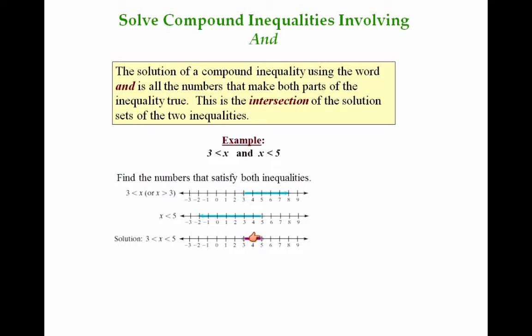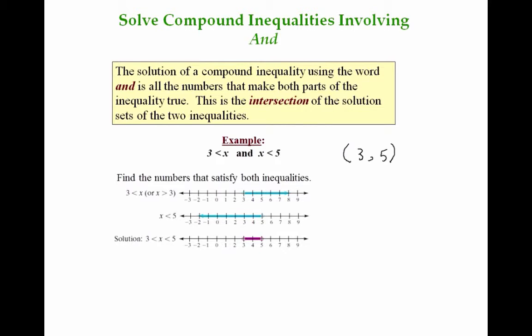You see all the numbers between 3 and 5, but not including 5 because 5 was not included at the endpoint, and not including 3. That would be the intersection. If I were going to write this in interval notation, the answer would be all the numbers between 3 and 5.